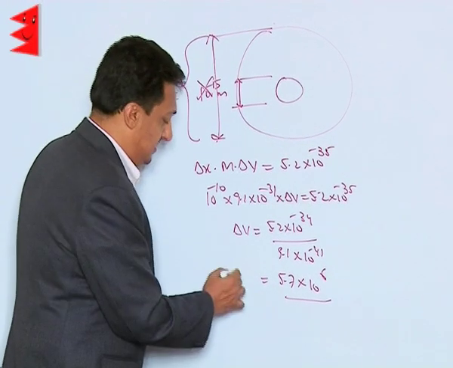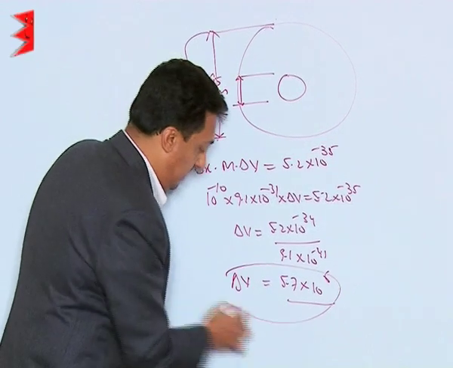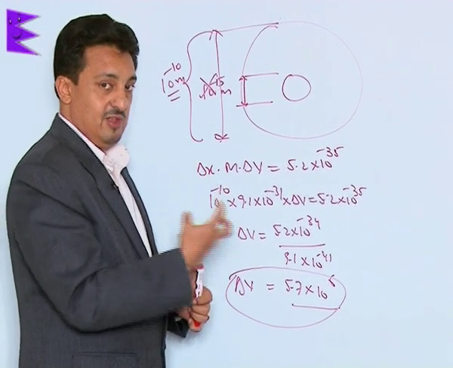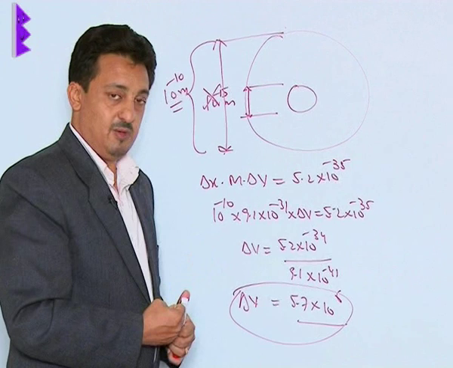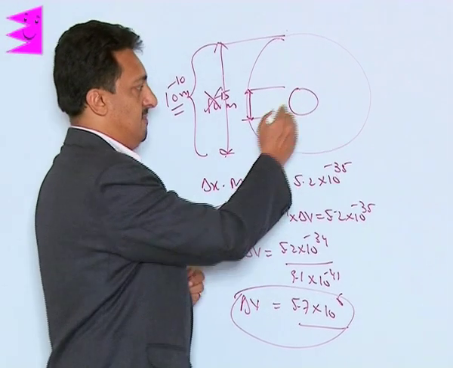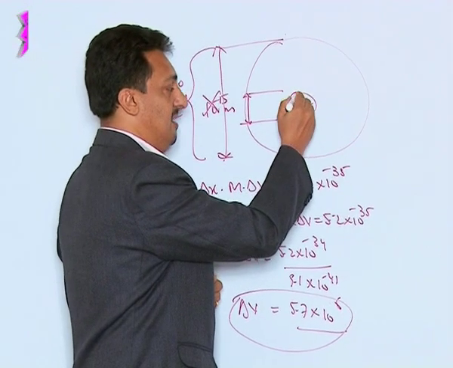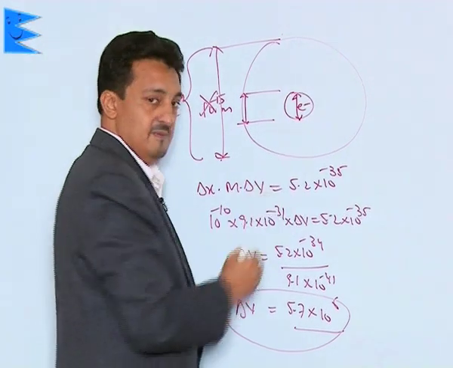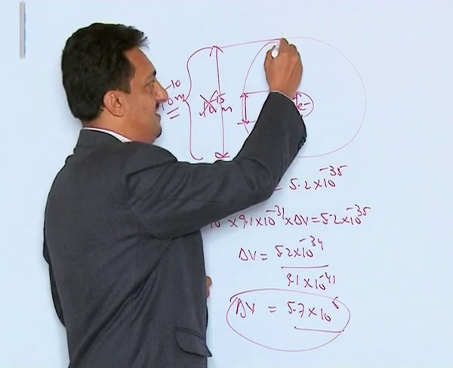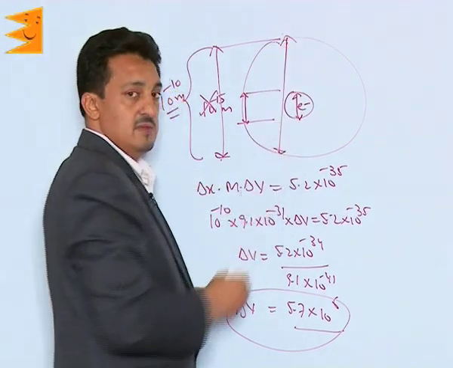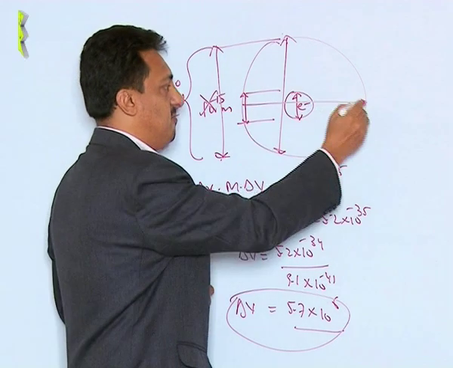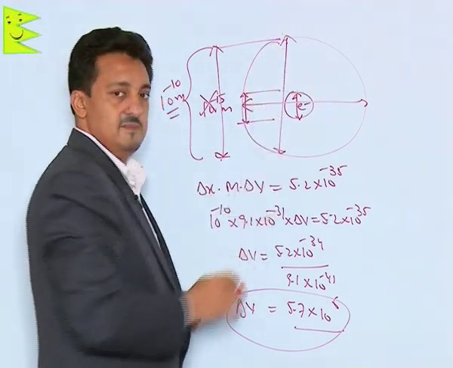So the most important thing, the conclusion of solving this problem, is that we cannot confine a particle like an electron in such a small space. It's a particle which can exist anywhere inside the atom, and the uncertainty in its position can be of the size of the atom.